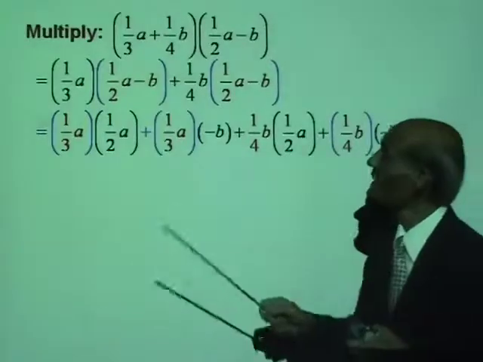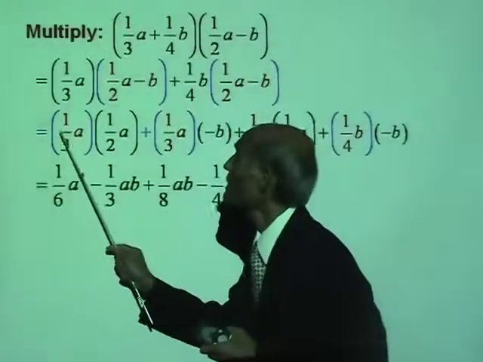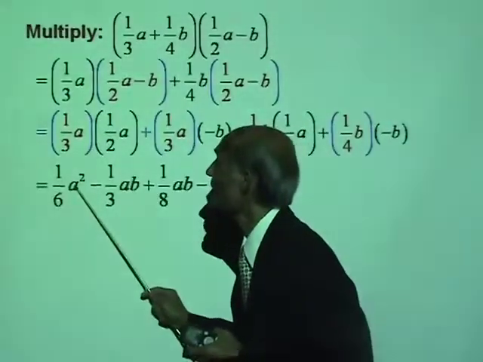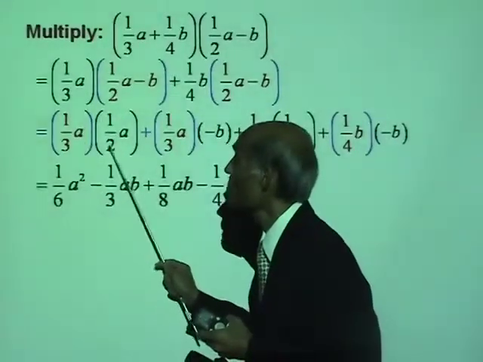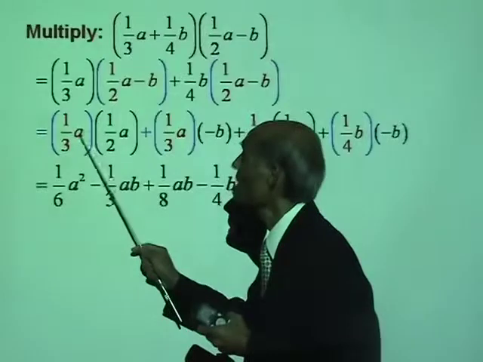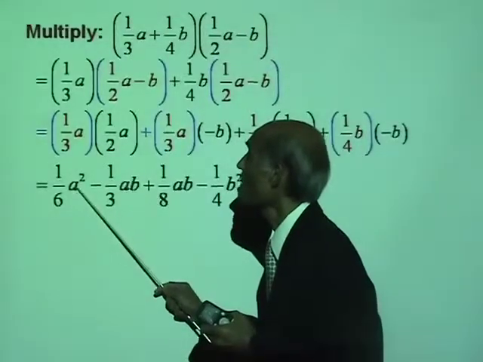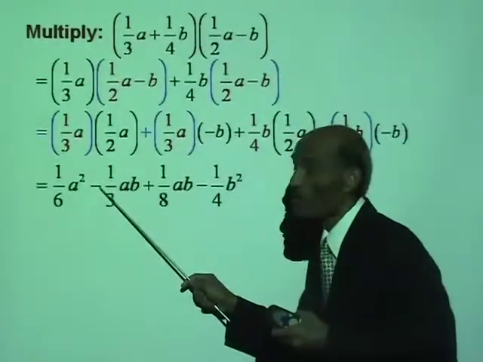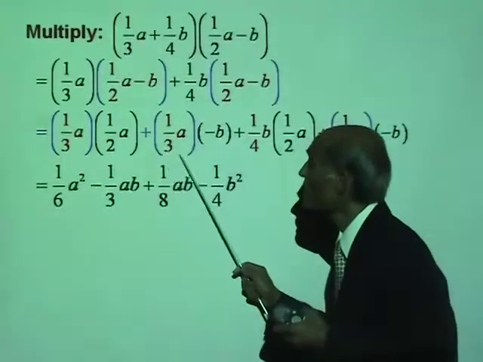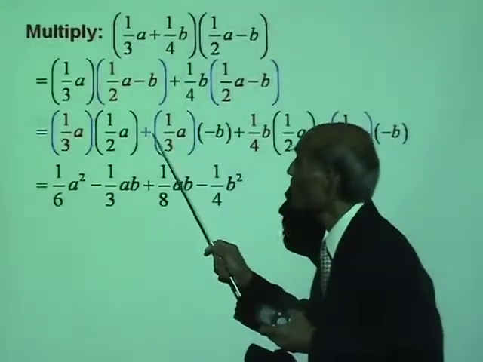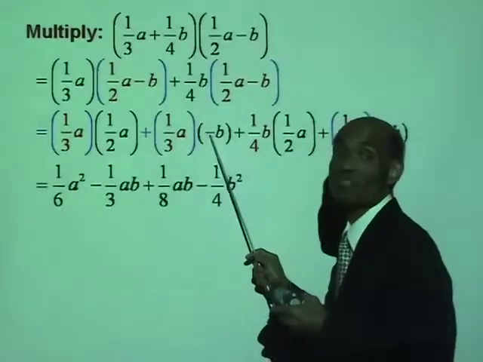Alright, let's write them down. So that will be 1/6 a squared, no problem there. 1/3 times 1/2 is 1/6. A times a is a squared. Now, minus, how does the negative sign come there? Because here we are multiplying a positive term with a negative term.